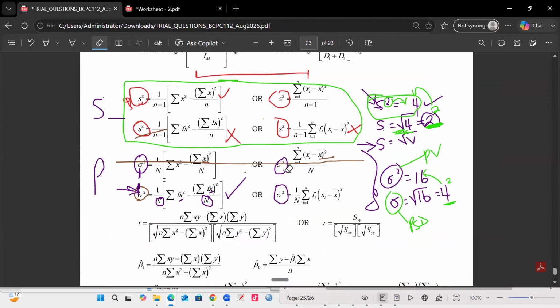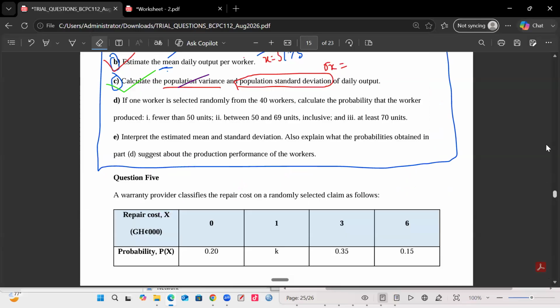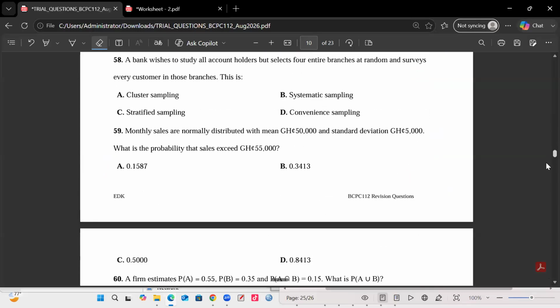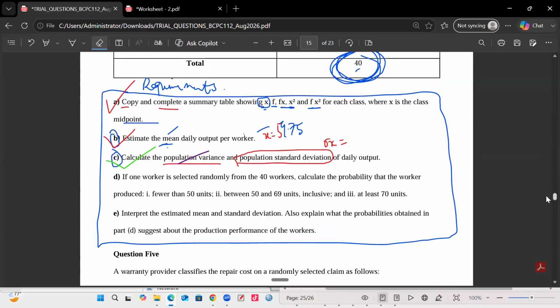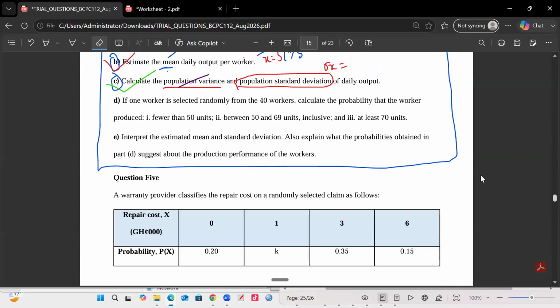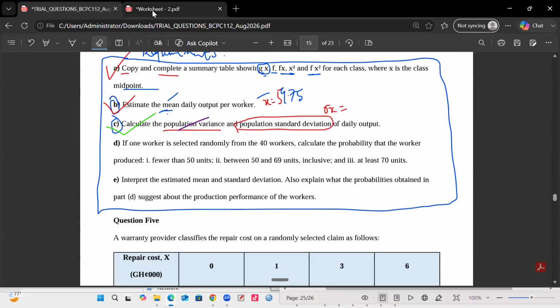This is the mean of fx minus the mean squared. It's another formula. You can use that also. It's correct. But you have to first state your formula before you proceed. That's the point. So it's correct. Let's continue.